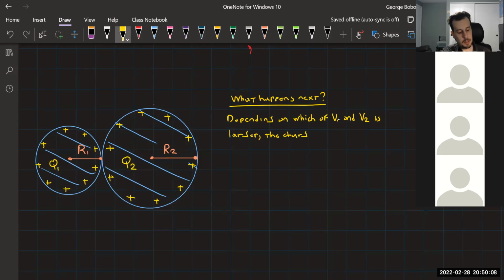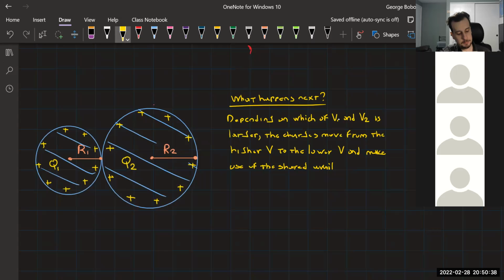The charges move from the higher V to the lower V, and make use of the shared available space. This is what happens next. You see? So what does that mean?